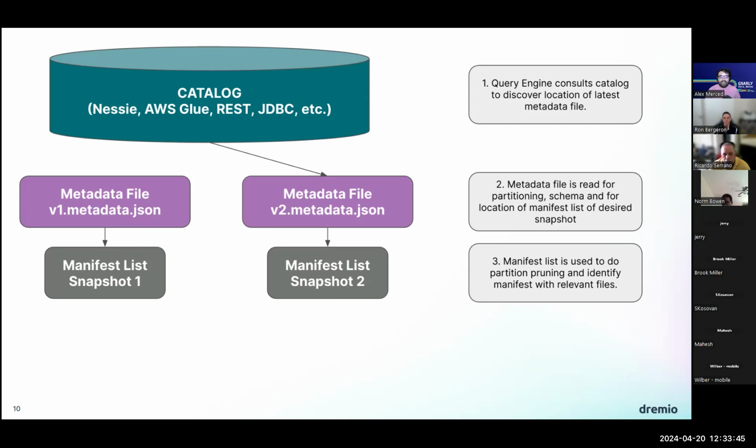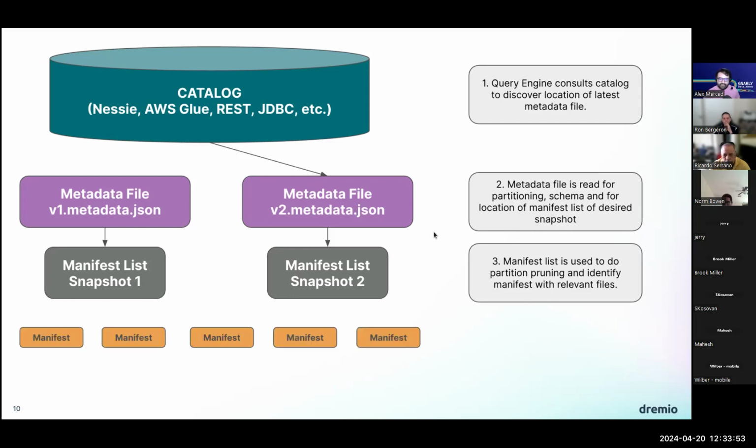What a manifest list is, is a list of manifests. And this is where the terminology is a little tricky, so I'm going to skip to the next piece real quick to point this out. Every time there's a group of Parquet files that make up a chunk of the table, that makes up one manifest. They're usually separated by partition, so each partition may get one or more manifests.